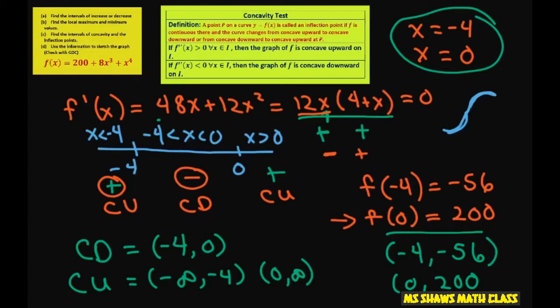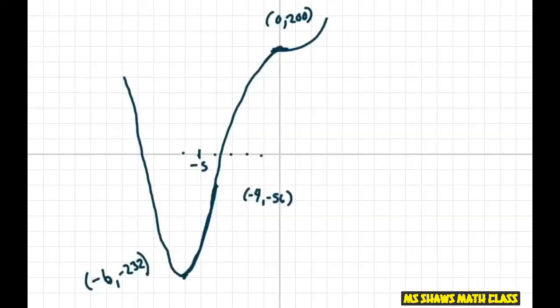Okay, so now the way we graph it, I already did the graph for you. So this was our minimum value. These two were our inflection points. Remember, we were going from concave up and concave down.